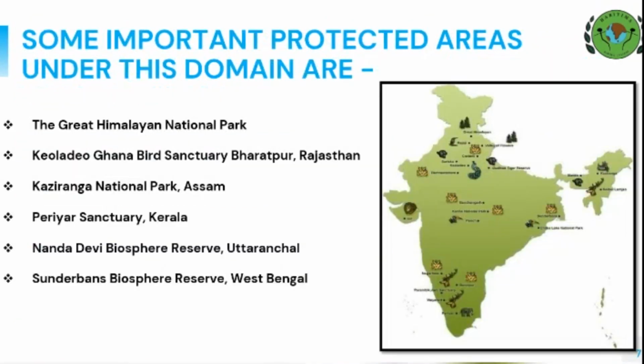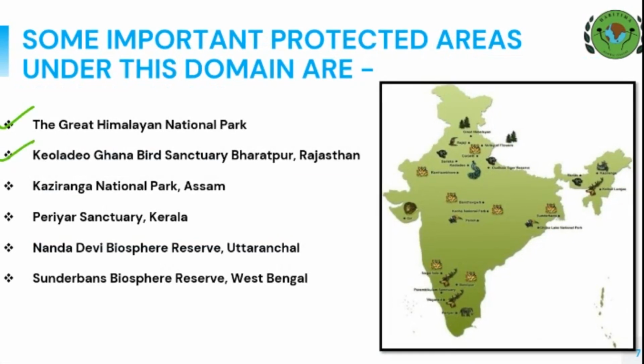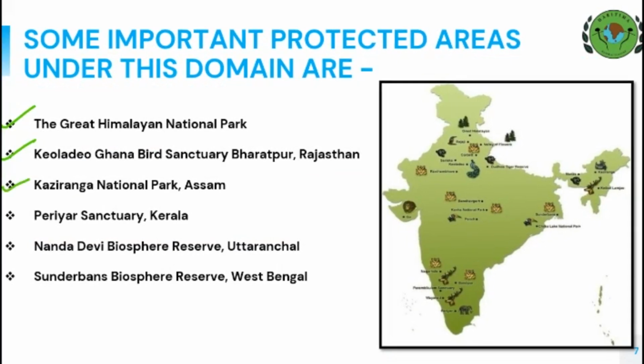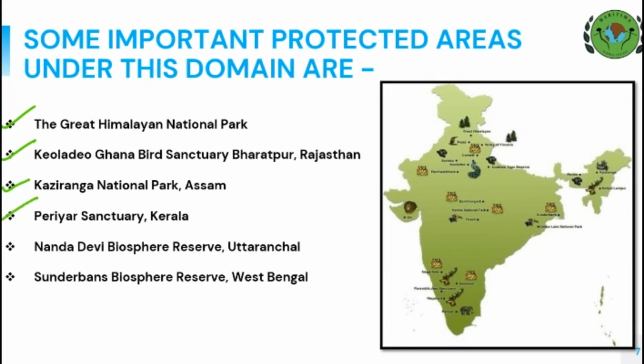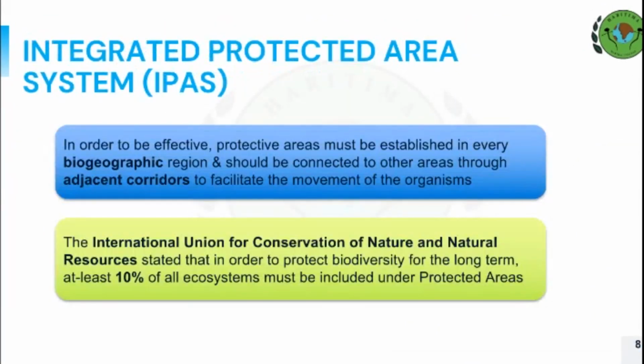Some important protected areas are the Great Himalayan National Park, Keoladeo Ghana Bird Sanctuary in Bharatpur, Rajasthan, Kaziranga National Park in Assam, Periyar Sanctuary in Kerala, Nanda Devi Biosphere Reserve in Uttaranchal, and Sundarbans Biosphere Reserve in West Bengal.